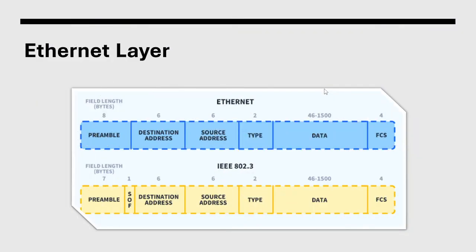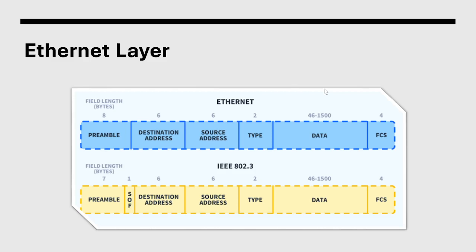All right. So with that, let's dive into what the Ethernet layer is, because that's the topic of today's discussion. The Ethernet layer consists of certain structured headers, and then they carry some data. At the end of that, there is a frame check sequence, which is a CRC that makes sure if there's any corruption in the data, you can figure out that the packet is corrupted and discard it.